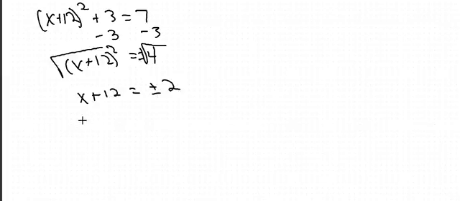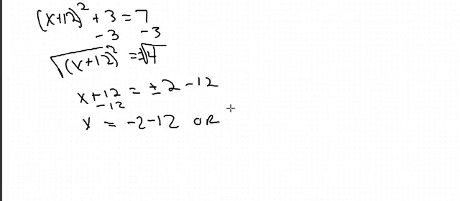Then you get rid of the 12. x equals minus 12 plus or minus 2. So minus 12 plus 2 is minus 10, or minus 12 minus 2 is minus 14. So x is equal to minus 14 and minus 10. Okay.